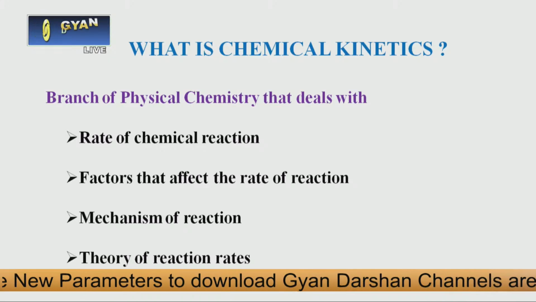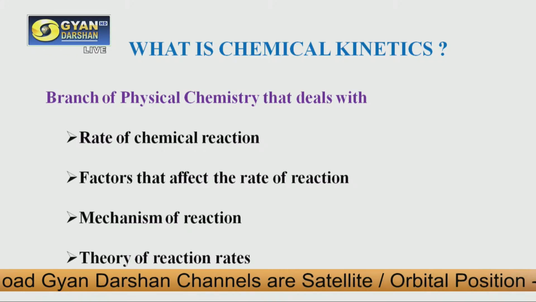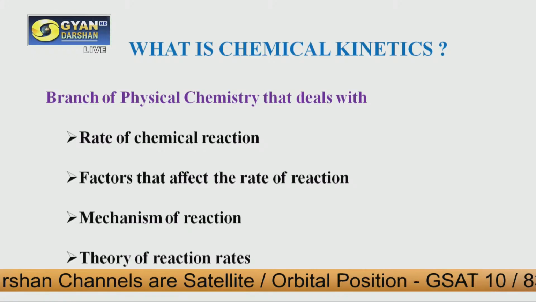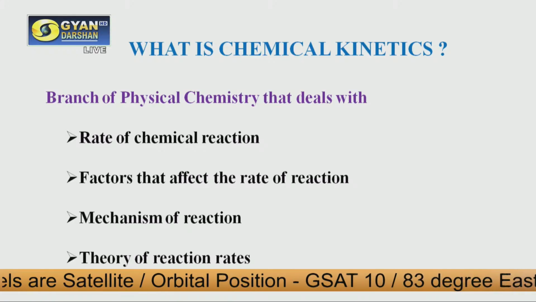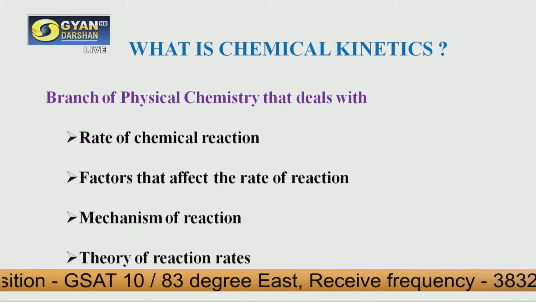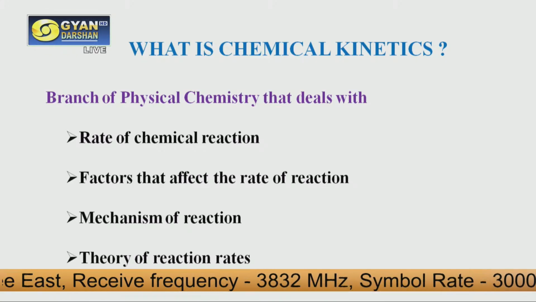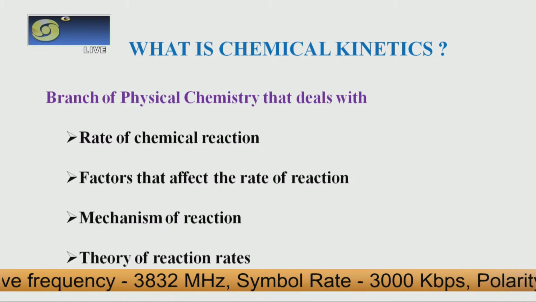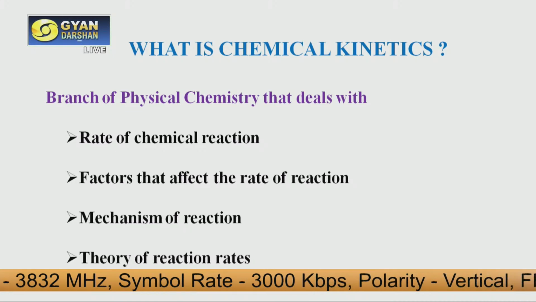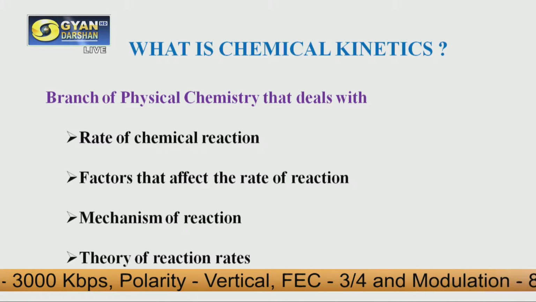Or if the reaction is slow, how can we speed it up? And the mechanism of the reaction. From chemical kinetics, we can also work out the mechanism of reactions and the theories of reaction rate. The first two parts, the rate of chemical reaction and the factors that affect it, we will cover here, but the mechanism and theories of reaction rate we will cover later.